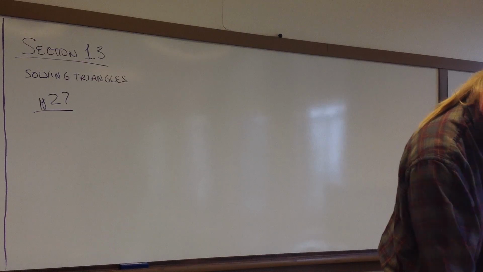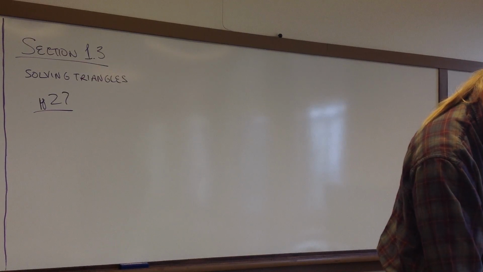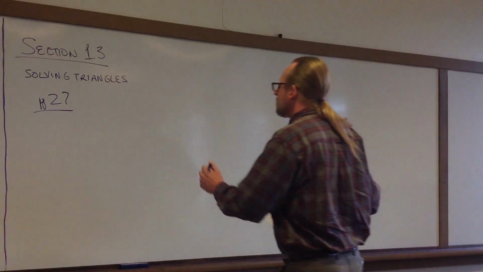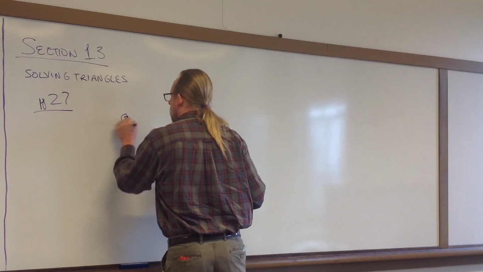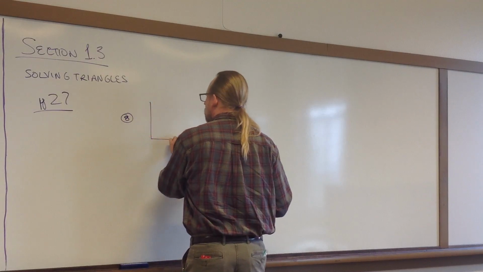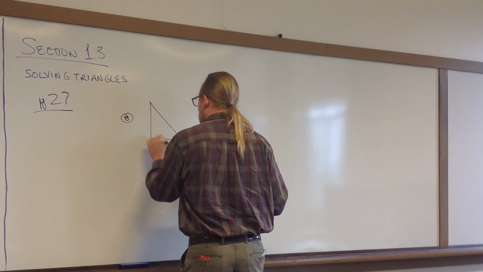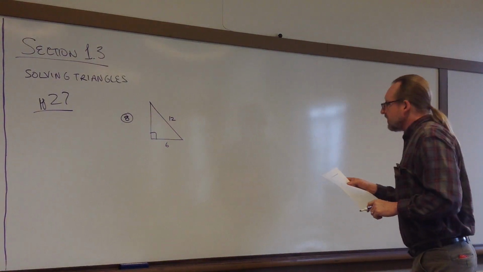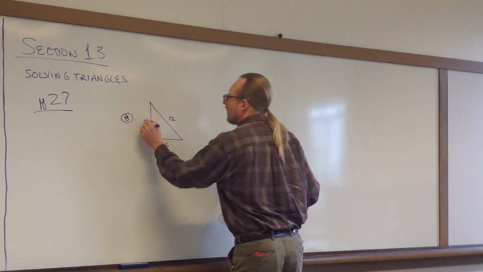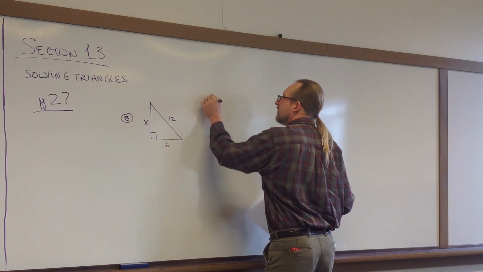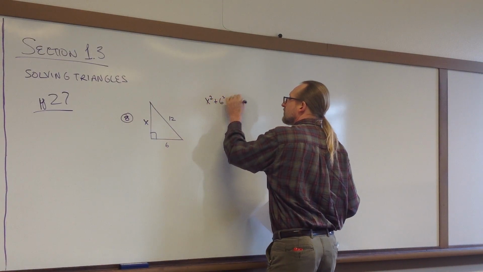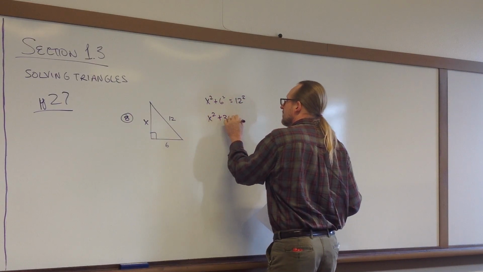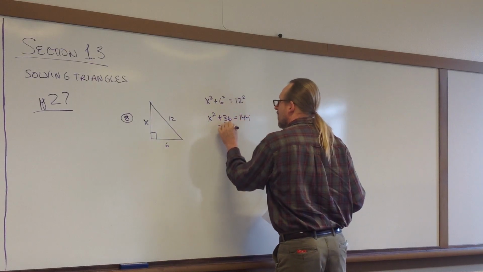What else here? Oh, let's skip over to problem 8. In problem 8, again, we don't have any angles. We've got the right angle, and then 2 of the sides. So if I call this x, then we can say x squared plus 6 squared equals 12 squared. 36 is 144.